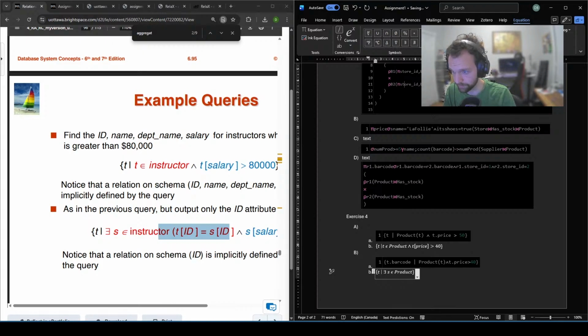Product, such that T dot barcode is equal to S dot barcode, and T dot price greater than 500, or 50, but it's not, it's 40.